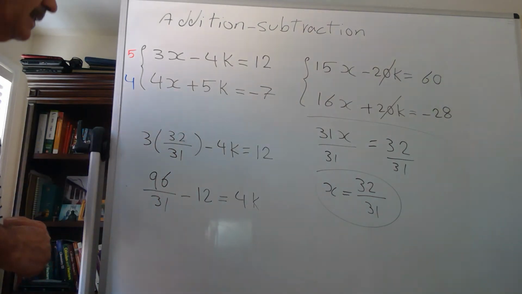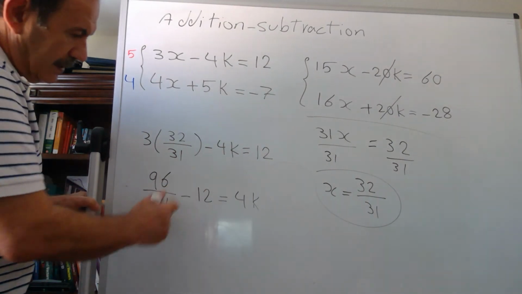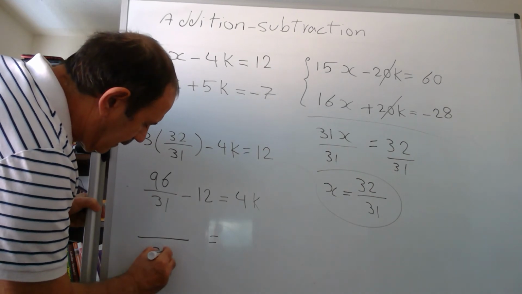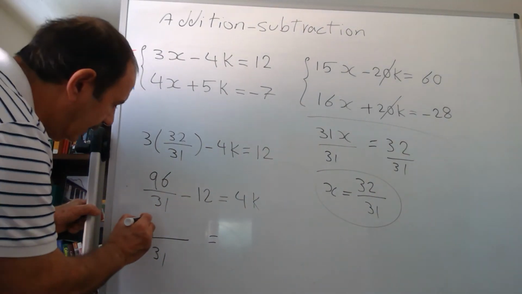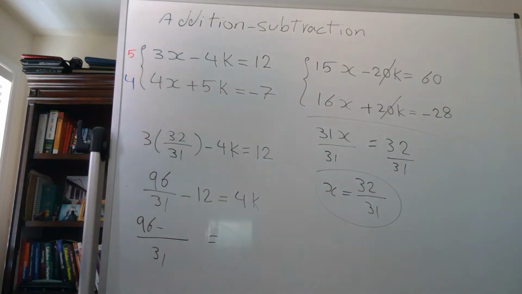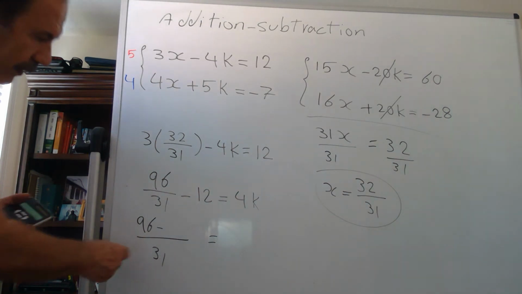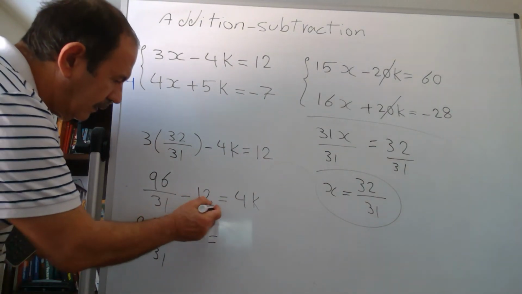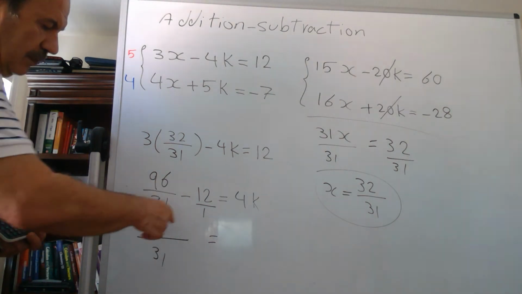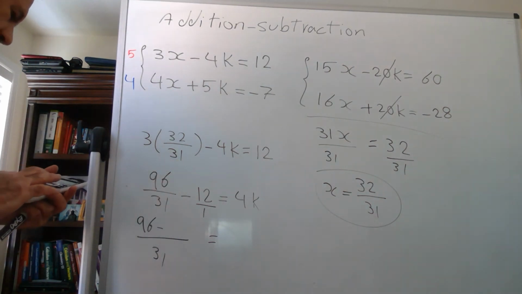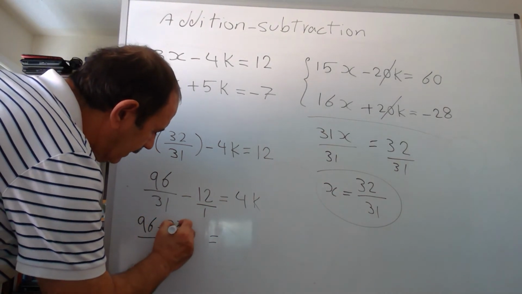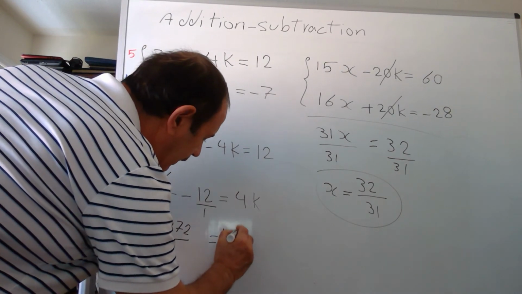No, it's not the same. So for just substituting this one, we can say if we have 31 as the denominator, it's going to be 96 minus 31 times 12. If I give a denominator of 1 to this one, then 31 divided by 1 is 31, and 31 times 12 is going to be 372. 372 is going to be 4k.